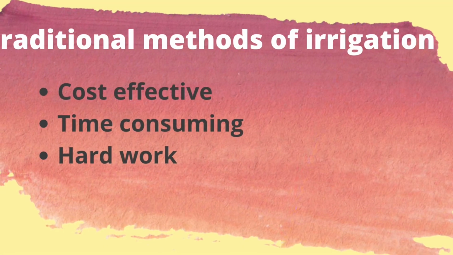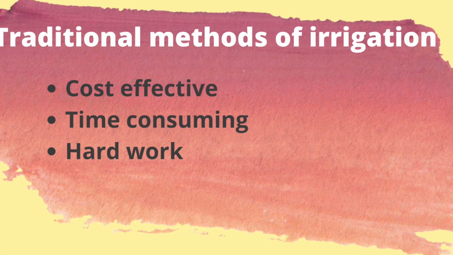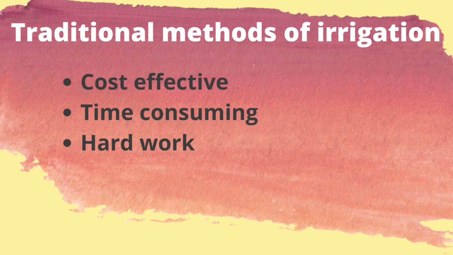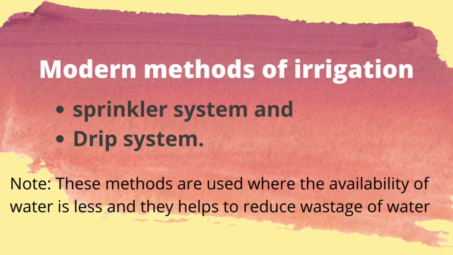These traditional methods are cost effective, but at the same time they are time consuming and need a lot of hard work. So let us study the modern methods of irrigation which overcome the limitations of traditional methods of irrigation.